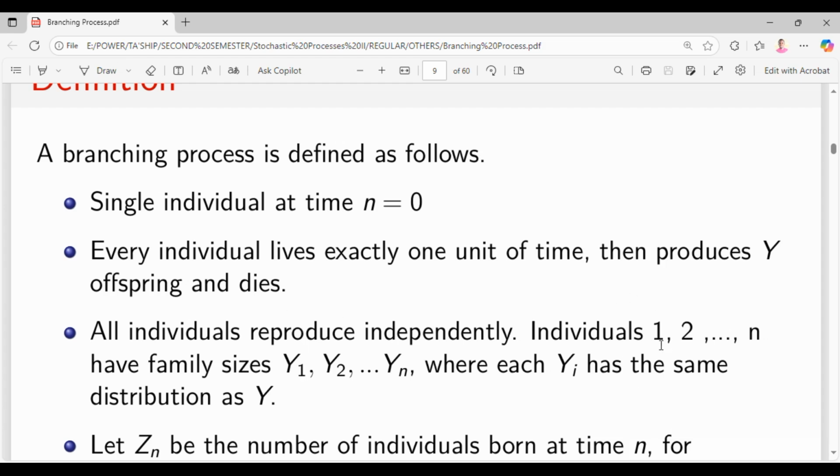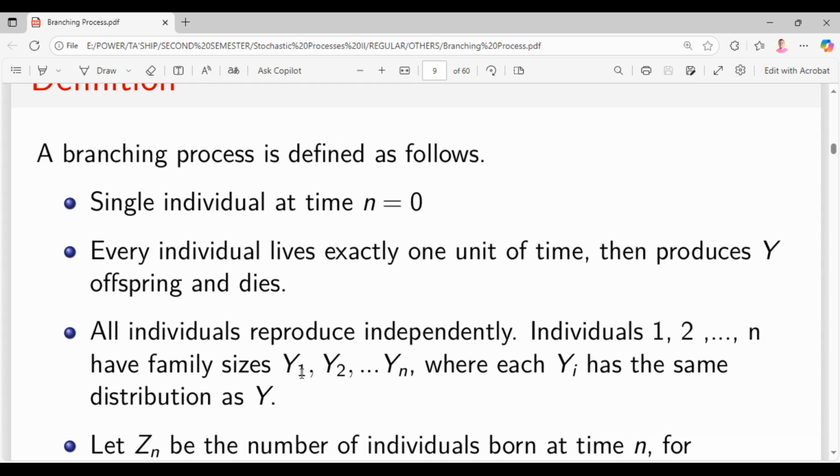The family size for the first individual is Y1, the second individual is Y2, and the nth individual is Yn, where each Yi has the same distribution as Y. So these are IID family size distributions.